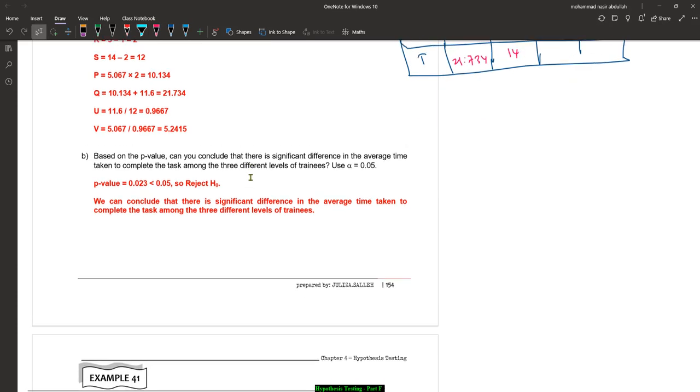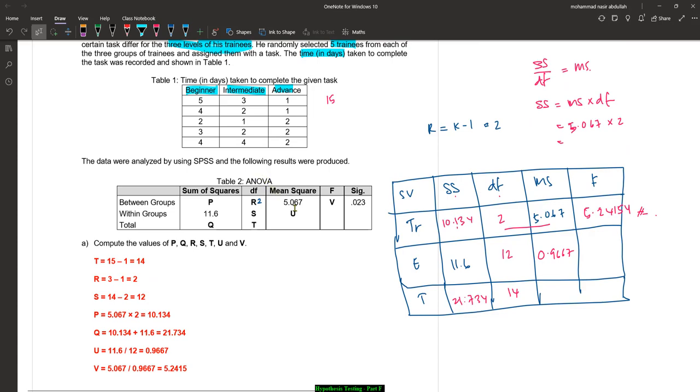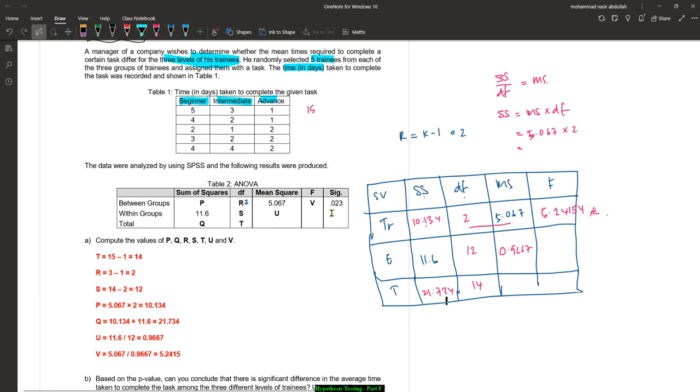Right. So next step we can do the hypothesis testing. Null hypothesis mu1 equal to mu2 equal to mu3, ataupun kalau kita letak mu1 equal to mu2 mu3 tak menjawab soalan sangat kan.